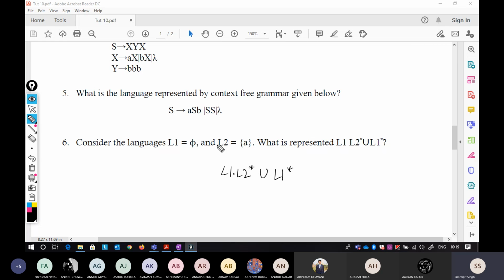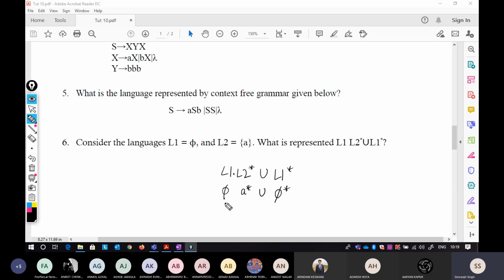Okay, so now if you're seeing that, it is saying that L1 is your empty set phi, and L2 is your A. So A raised to power star becomes A star, and then there is a union here, and L1 is again epsilon star.